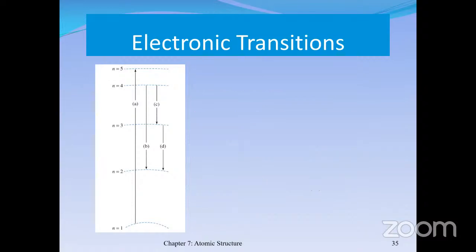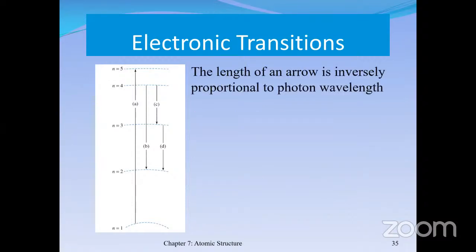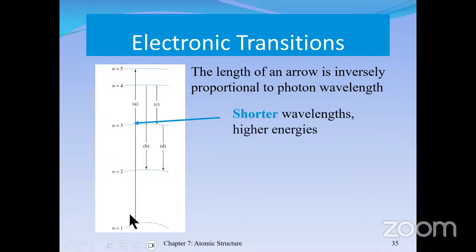What you'll find, and we talked about this earlier, is that the energy gap is inversely proportional to the wavelength of the radiation that is either absorbed or produced. So we saw that, and it's based on this equation I gave you earlier. Delta E is equal to hc over lambda, right?